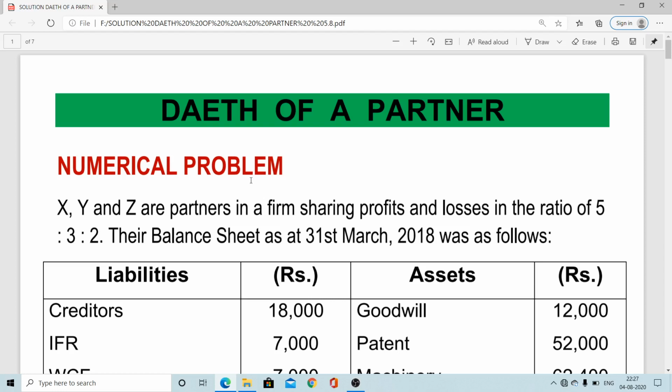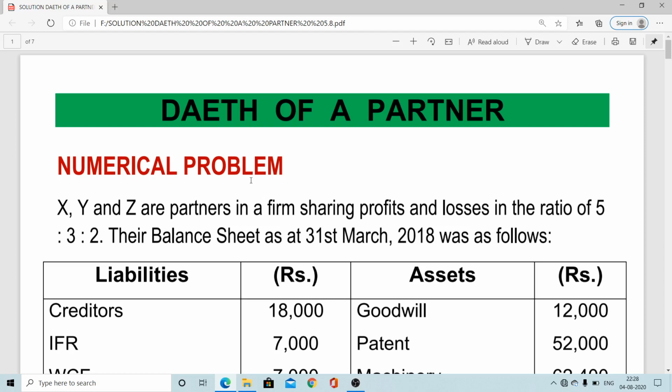Mainly in this chapter the calculation part is important, like calculation of value of goodwill of deceased partner and calculation of share of profit. So the calculation part is mainly important. A full practical problem will not come, but for better understanding we are considering this problem in detail.